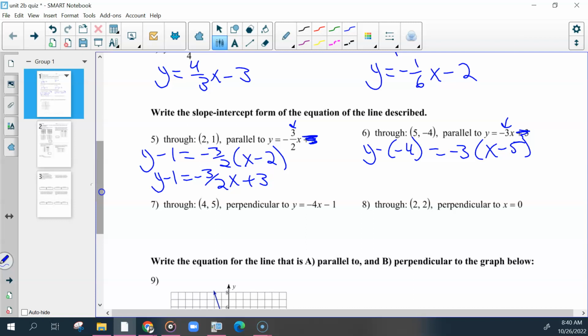Some of you got -3, which threw everything else off. Or some of you got a positive but not 3, so double check your math. And then add 1 to both sides. So y equals -3 over 2x plus 4 was our final answer.